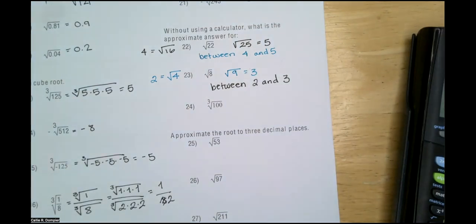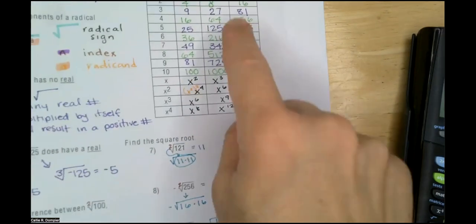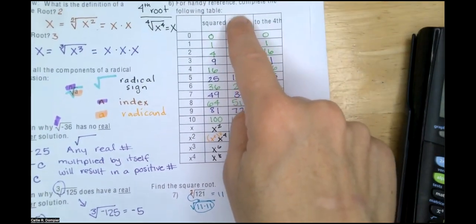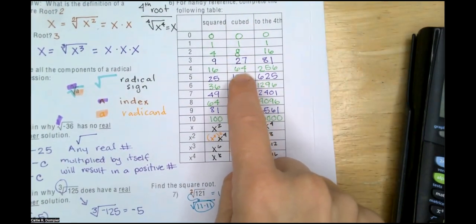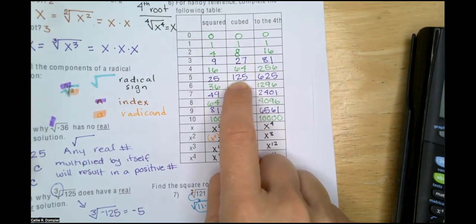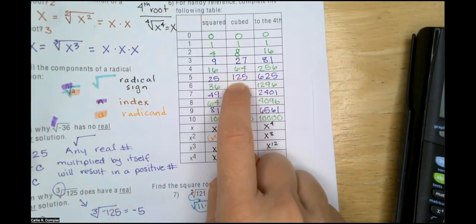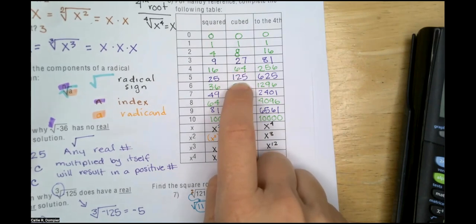Those were square roots. This next one's a cubed root. So the cubed root of 100, we're looking at the cubed column. It's not 1, it's not 2, it's not 3, it's not 4, but at 5 we pass it. So again, it's between 4 and 5 because 100 is between 64 and 125.